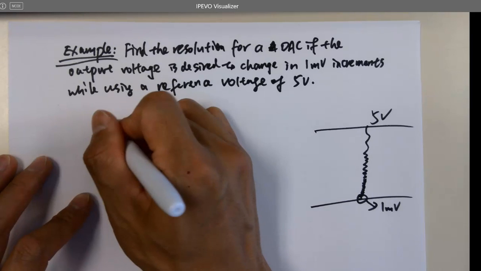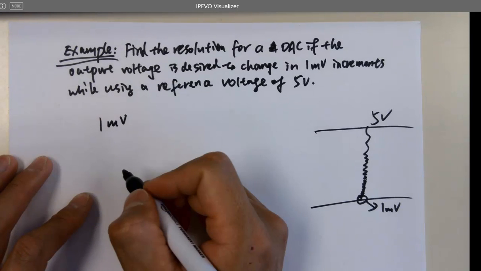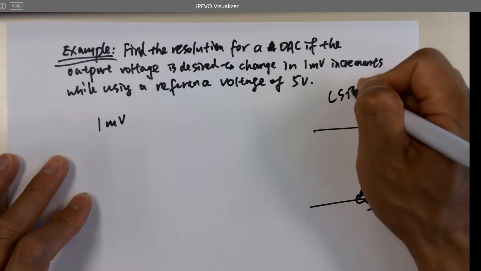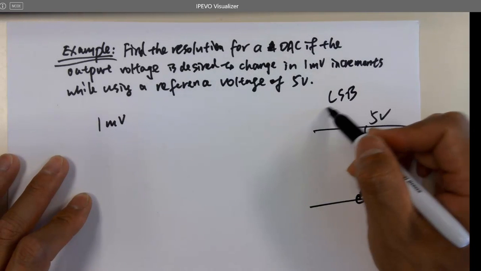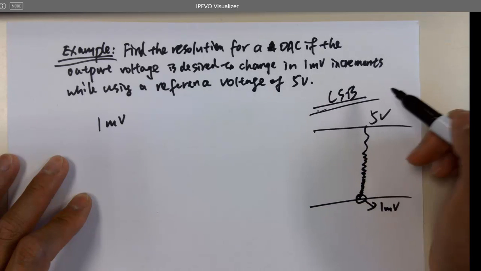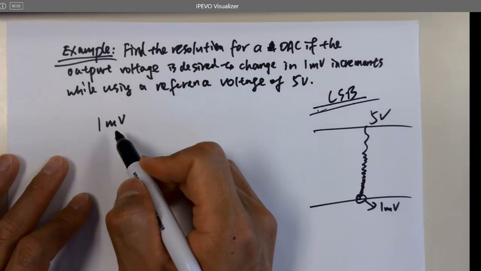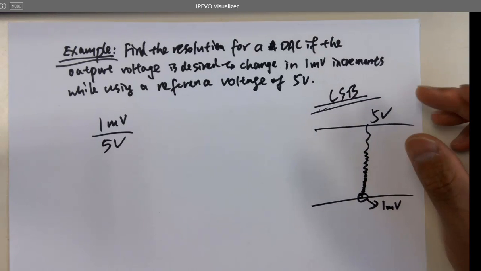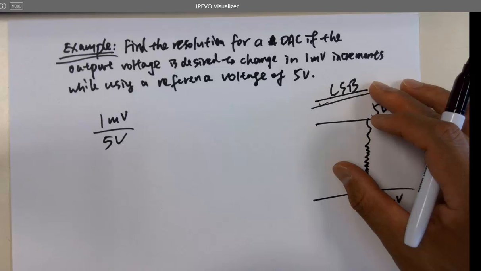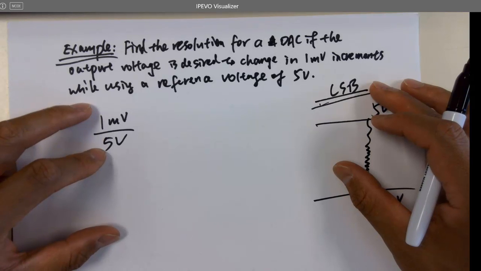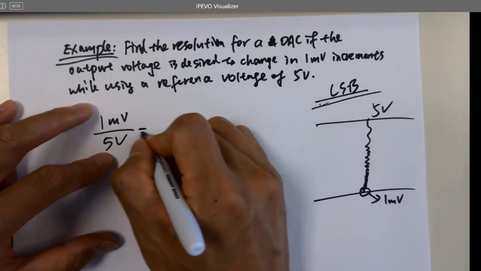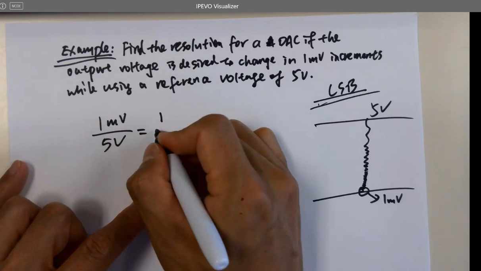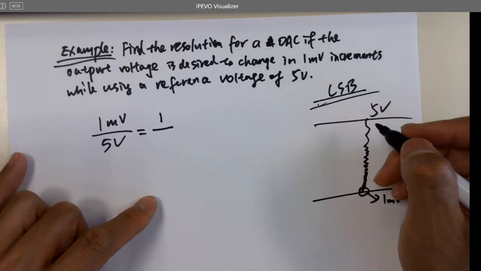So let's assume 1 millivolt is the LSB, least significant bit. The voltage of one LSB is 1 millivolt. So 1 millivolt over 5 volts, which is the full range, is just a ratio. 1 millivolt over 5 volts should be 1 LSB over how many LSBs?